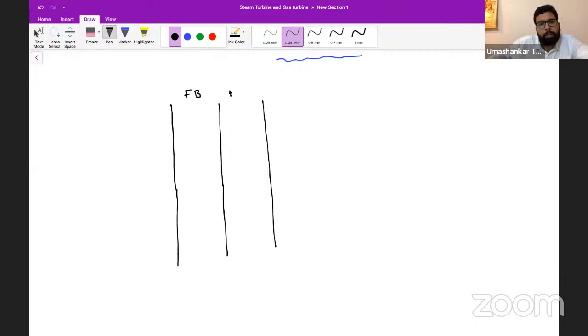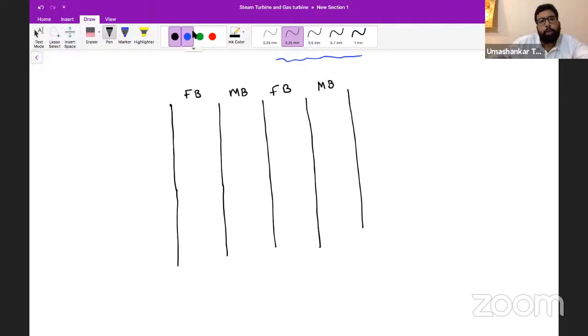For more details, please go to session number 1 of this lecture series. So we had this fixed blade and this moving blade. Quickly, let's go through what was happening.